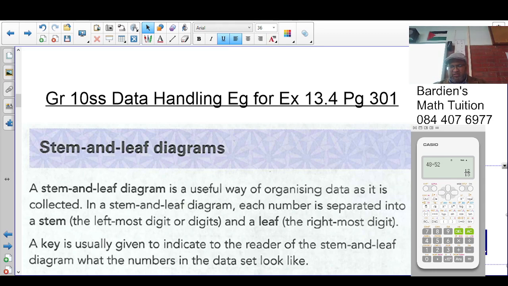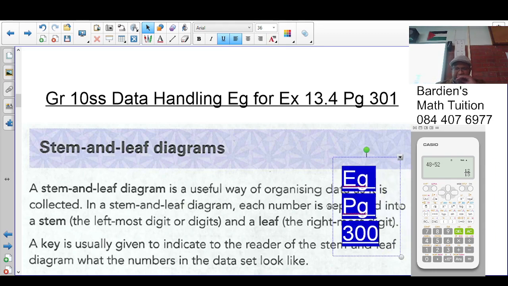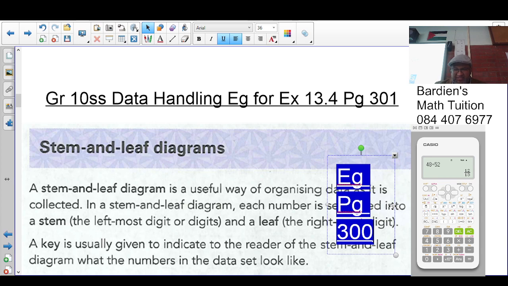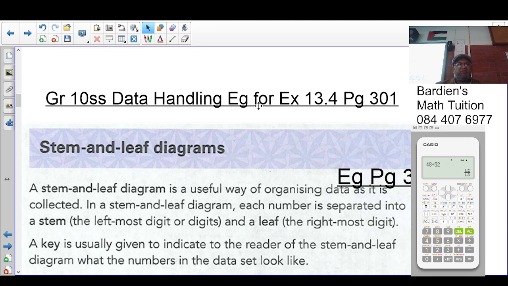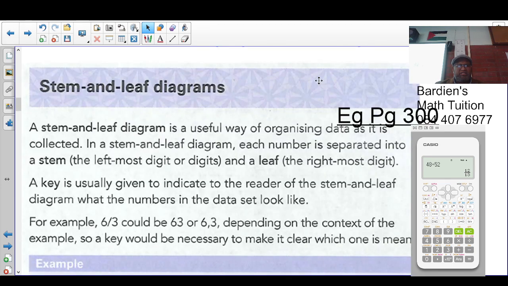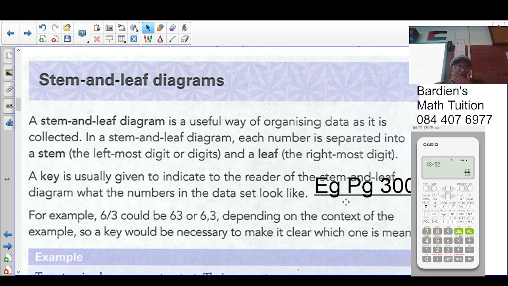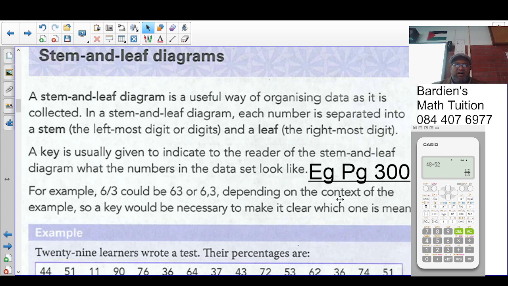As you know, we would like to keep these videos as short as possible. So we say the stem and leaf diagram is a useful way to organize data as it is collected. In a stem and leaf diagram, each number is separated into a stem, the leftmost digit or digits, and the leaf, the rightmost digit.